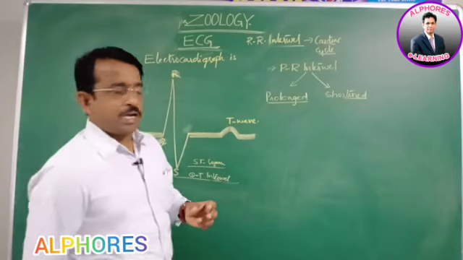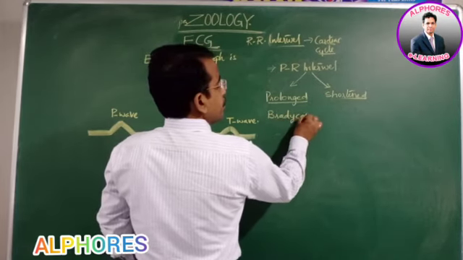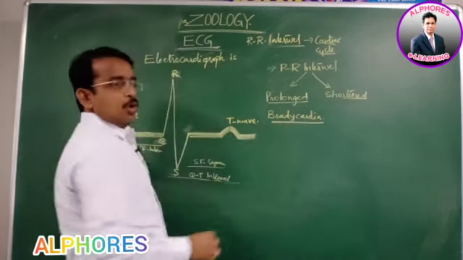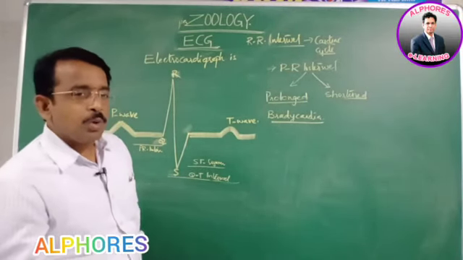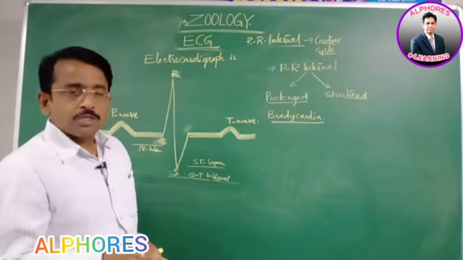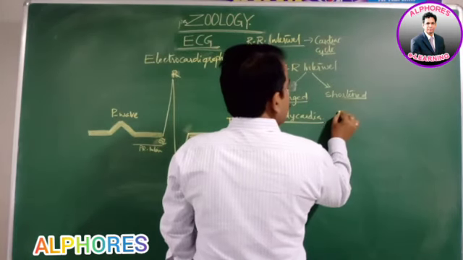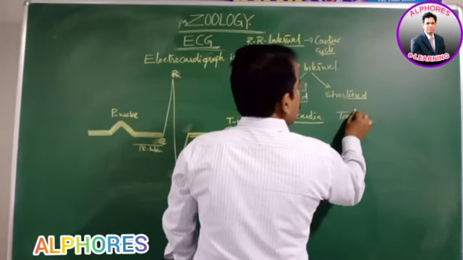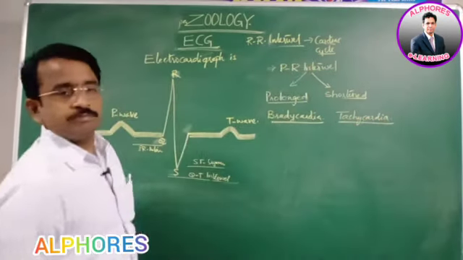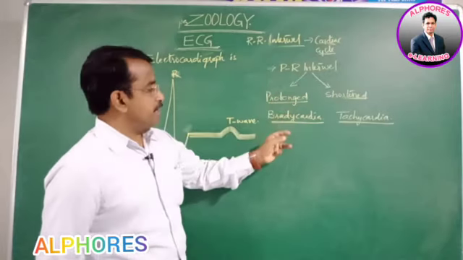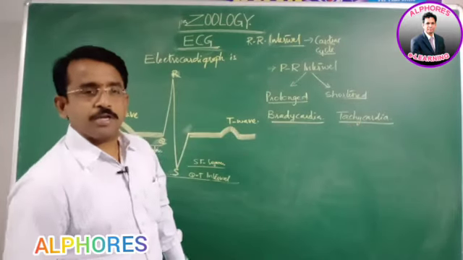Prolonged PR interval indicates bradycardia, low beating of the heart. As the gap is more, there is slow beating of the heart, and shortened PR interval indicates tachycardia. Prolonged PR interval results in bradycardia and shortened PR interval results in tachycardia.